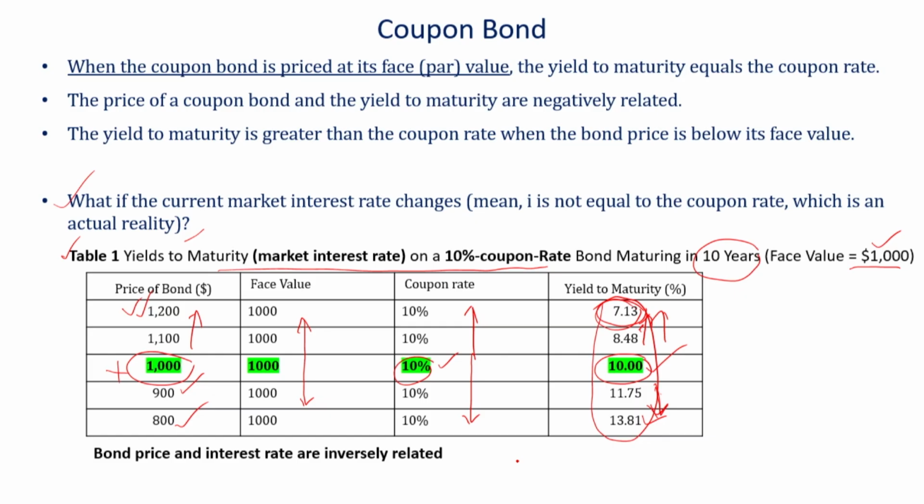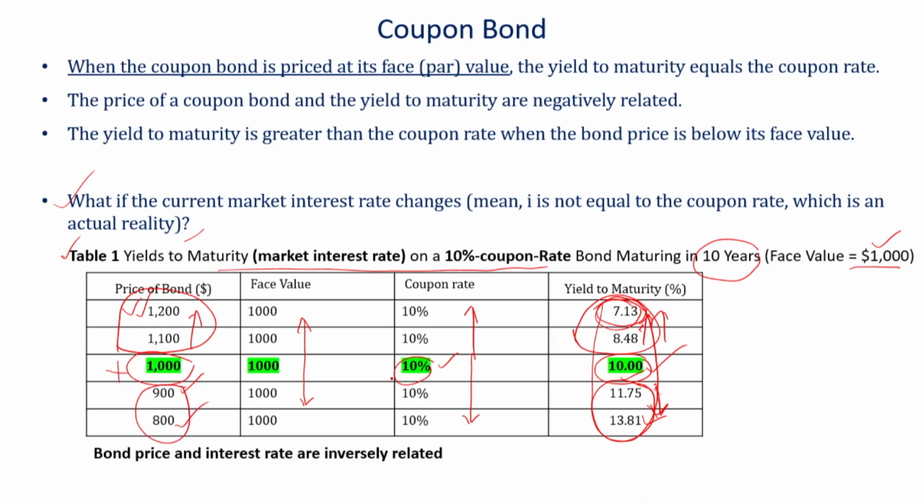So simply, when the yield to maturity, the ongoing market rate of interest, is less than the coupon rate, the bond price is going to increase. In contrast, when the ongoing market rate of interest is greater than the coupon rate, then the bond price is going to decline.